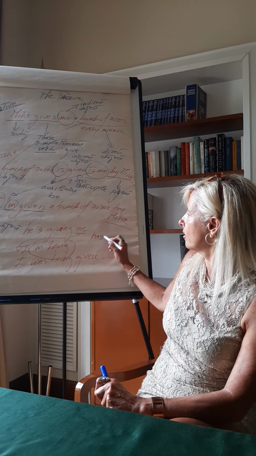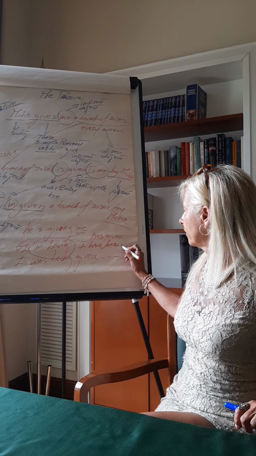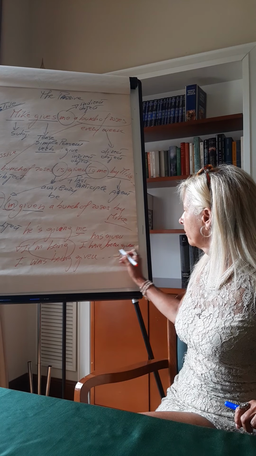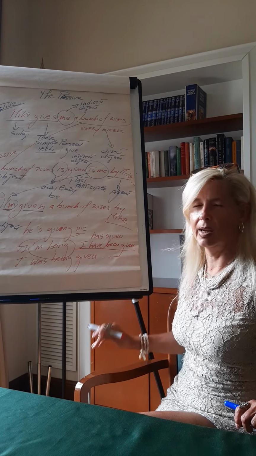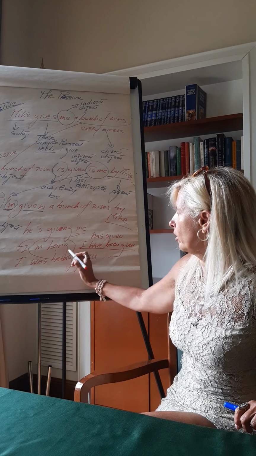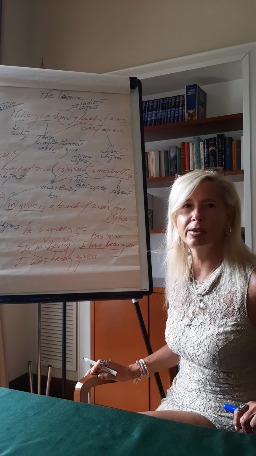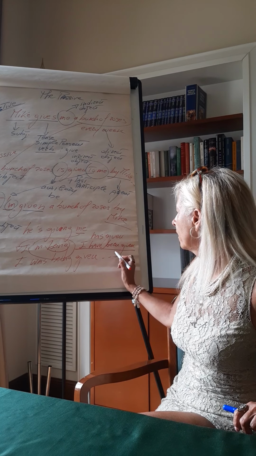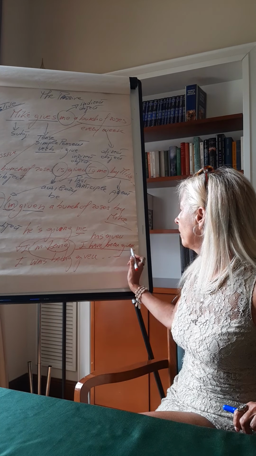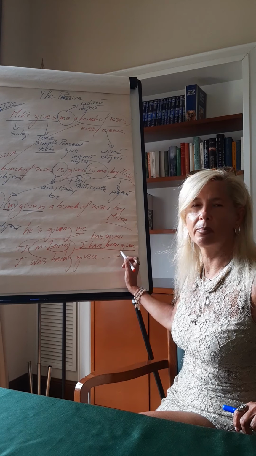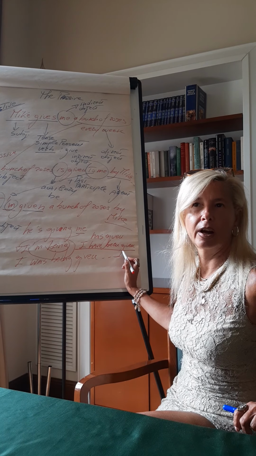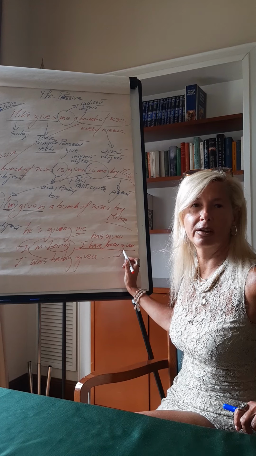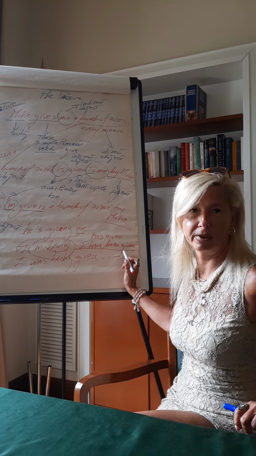I have been given a bunch of flowers. So you have the being form whenever there is a continuous form. You have been, has been, he has been, plus past participle whenever you have a present perfect. Or I had been given if you have a past perfect.